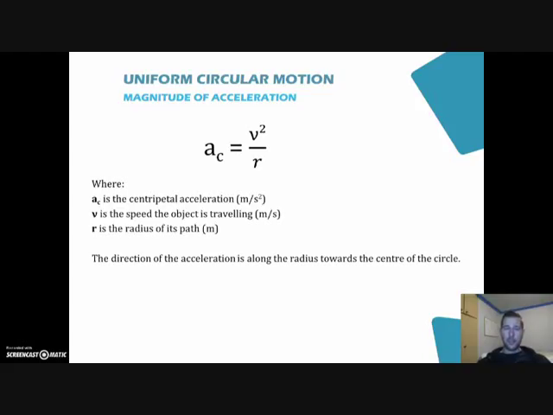We can notice that acceleration is proportional to velocity squared, meaning the greater the velocity, the greater the acceleration. Also, the radius is inversely proportional to the acceleration. So the smaller the radius for the same speed will have a greater acceleration.